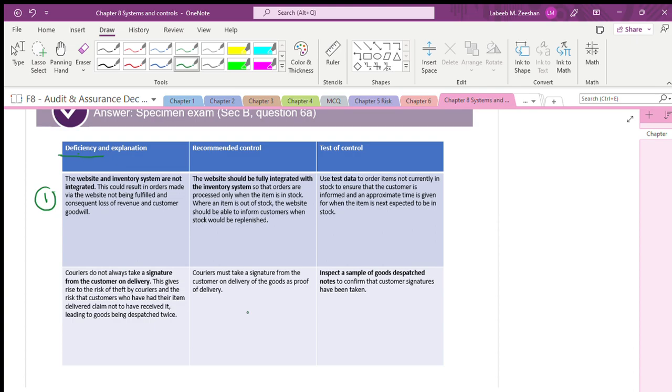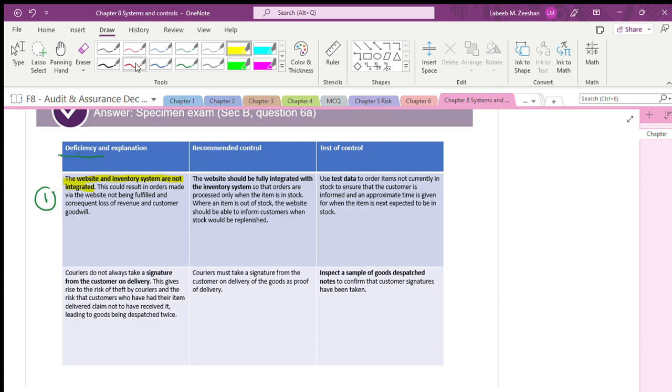See what they are explaining first. First they are identifying the deficiency. The deficiency is that it is not integrated.